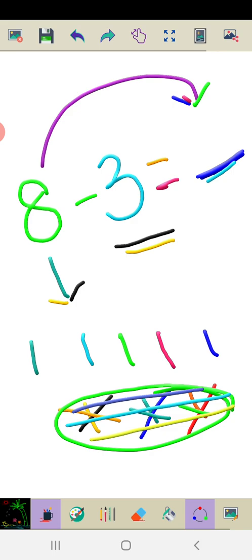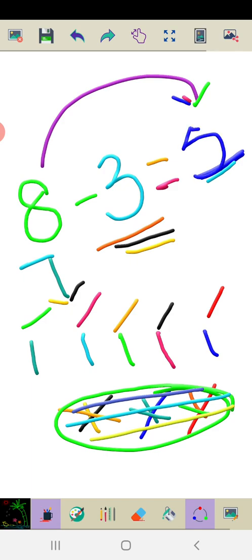When I remove these 3 pencils, how many pencils are left with us? 1, 2, 3, 4, 5. How many pencils do I have after removing 3 pencils? I have 5 pencils. It means that from 8, when I am removing 3, 8 becomes a new number which is 5. Understood?